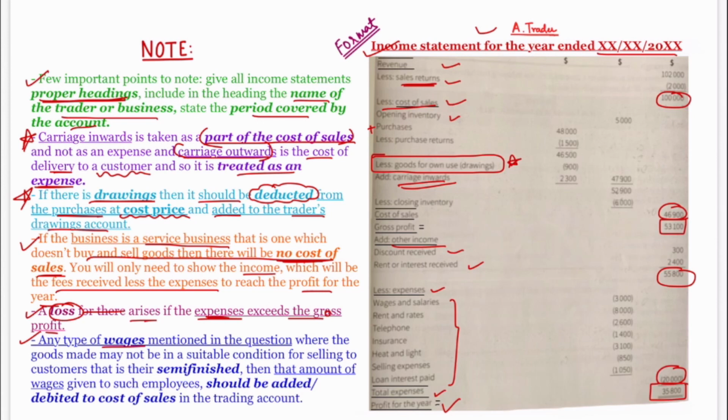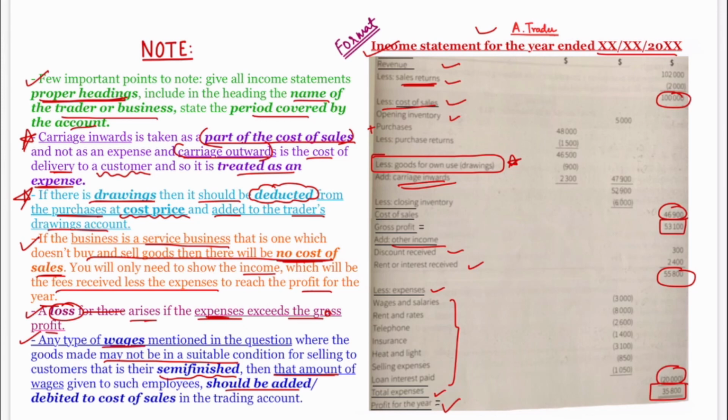Then, any type of wages mentioned in the question where the goods made may not be in a suitable condition for selling to the customers, that is, they may be semi-finished, then that wages amount given to such employees who have made such semi-finished goods should be added or debited to the cost of sales in the trading account.